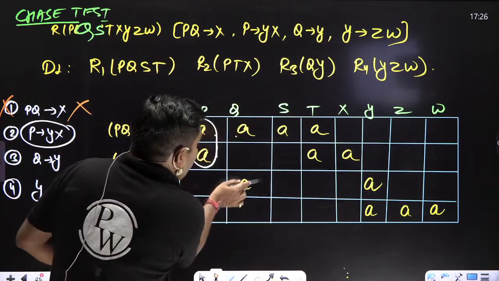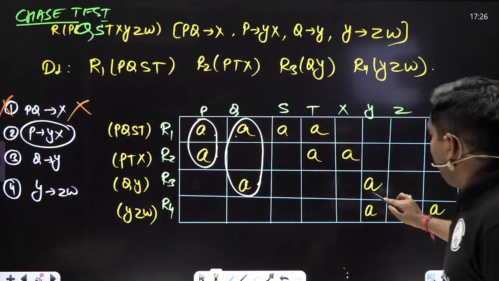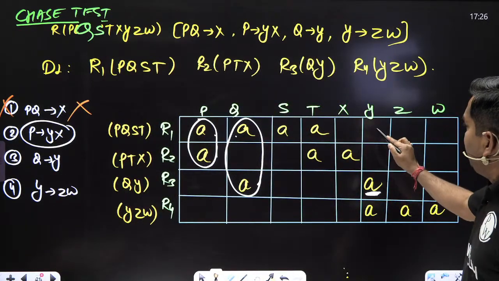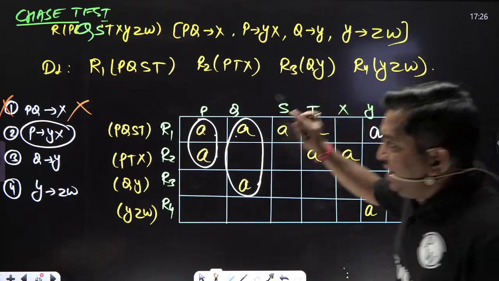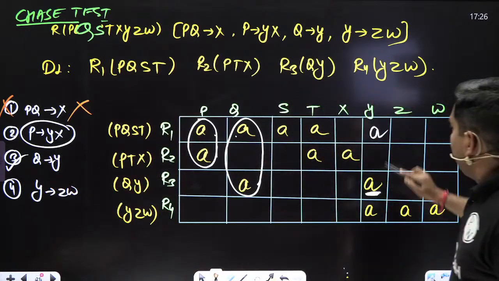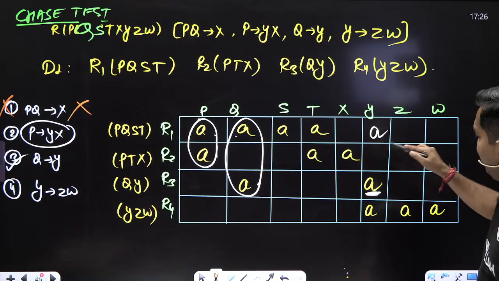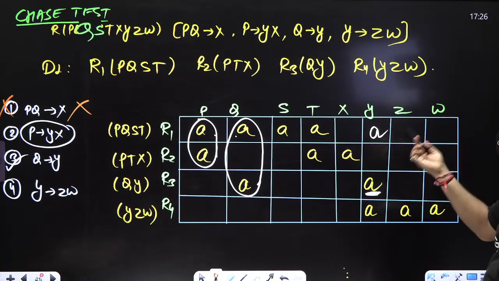Yes, we have two Q. What is the Y value? A. Then you fill A here. This FD we've done. Now Y determines ZW. Can we have two Y values? Yes. Then ZW? No, then we fill any entries.